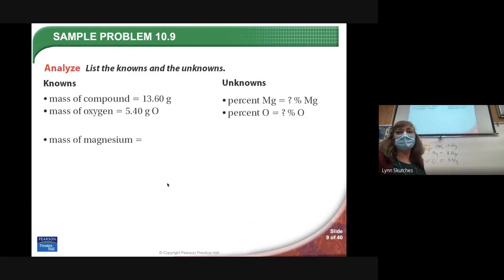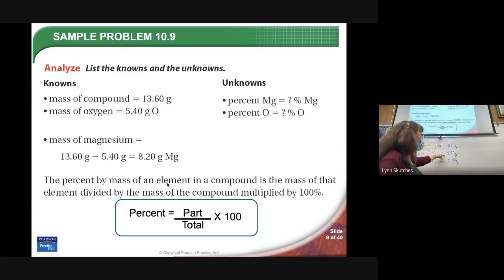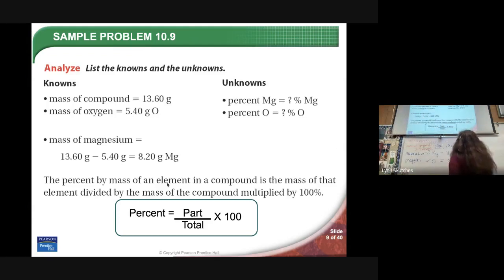All right. So we know that we've got 8.20 grams of magnesium. Great. And then all you have to do is take the part that comes from each of the elements and divide it by the total of the compound. So for magnesium's percent, take the 8.20 divided by 13.60 times 100.